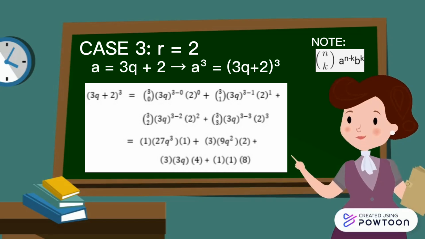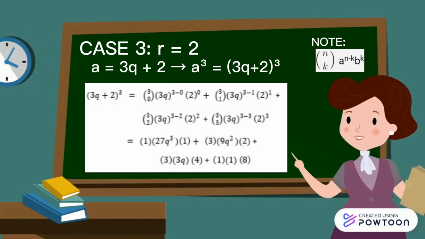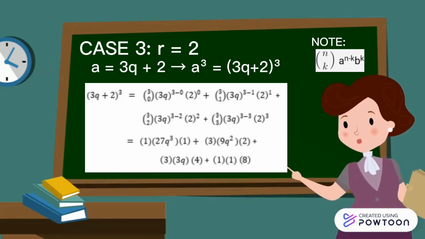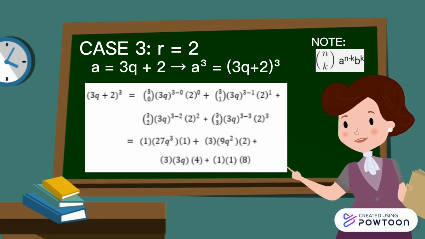Then simplify, a cubed is equal to 1 times the quantity of 27q raised to 3 times 1, plus 3 times the quantity of 9q raised to 2 times 2, plus 3 times the quantity of 3q times the quantity of 4, plus 1 times the quantity of 1 times 8.